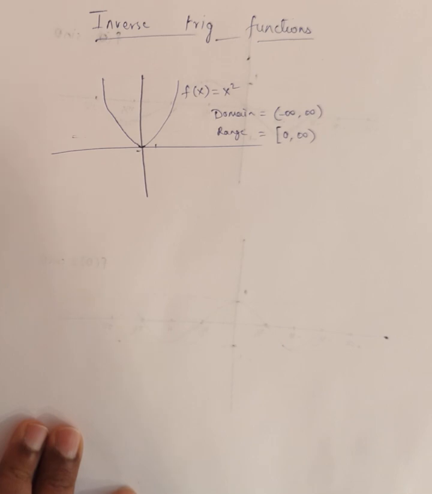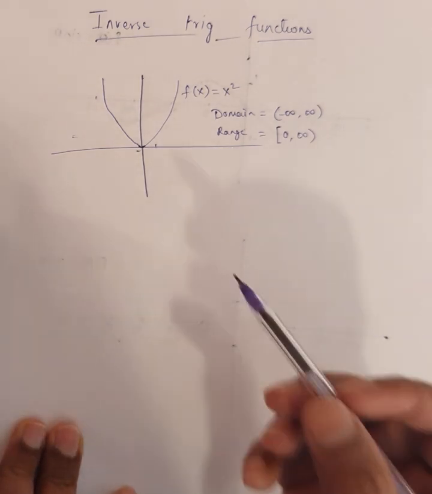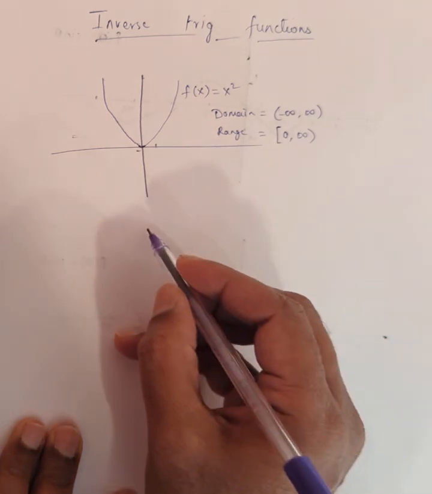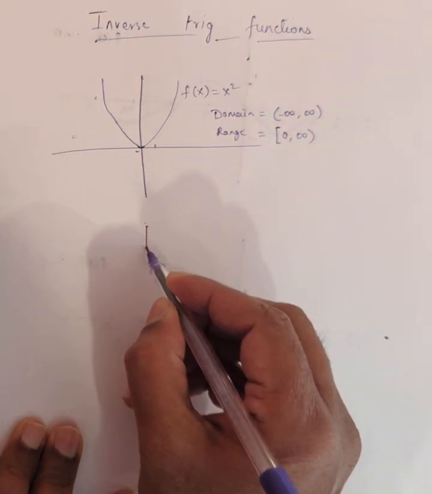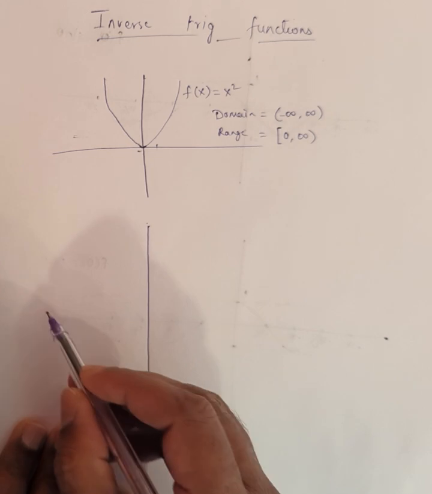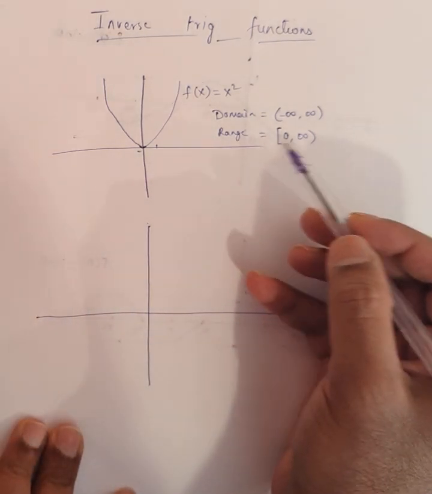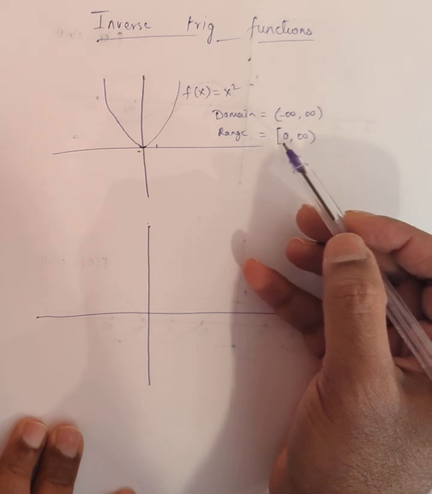And that's what we want to do. And in fact, we want to cut the domain in such a way that all the range values are included. So let's look at this graph. Now, I want to include all the y values, so starting at 0.